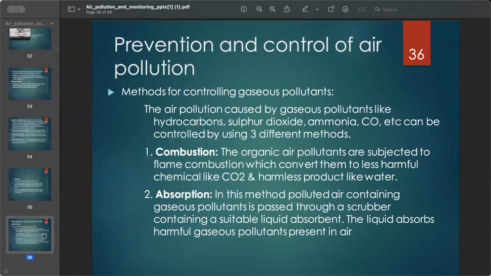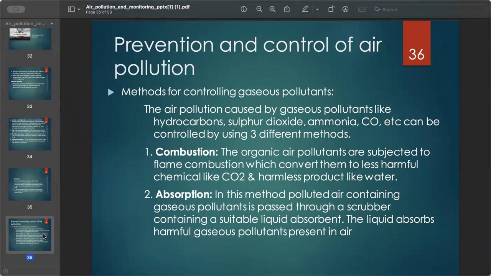Prevention and control of air pollution: methods for controlling gaseous pollutants. The air pollution caused by gaseous pollutants like hydrocarbons, sulfur dioxide, ammonia, CO can be controlled by using three different methods.